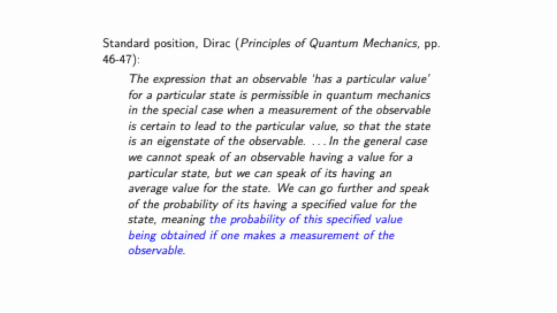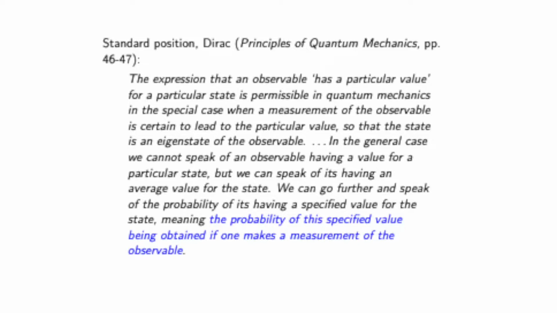So the standard view, here's a statement from Dirac. I'll just read it: The expression that an observable has a particular value for a particular state is permissible in quantum mechanics in the special case when a measurement of the observable is certain to lead to the particular value, so that that state is an eigenstate of the observable.